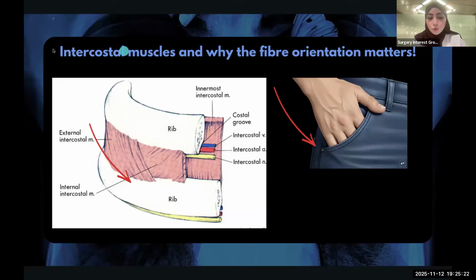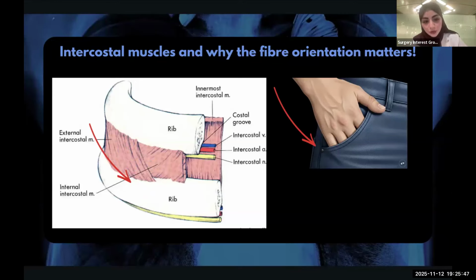For the external intercostal muscle, it's going to be the most different out of them when it comes to fiber orientation. This fiber orientation is known as oblique, as you may have taken in FND. The way I want you to remember it is the hand in pocket direction, which means, how are you putting your hand in your pocket? This direction, right? Imagine you have pockets and you're putting in your hand.